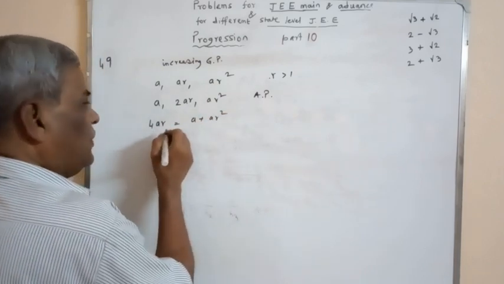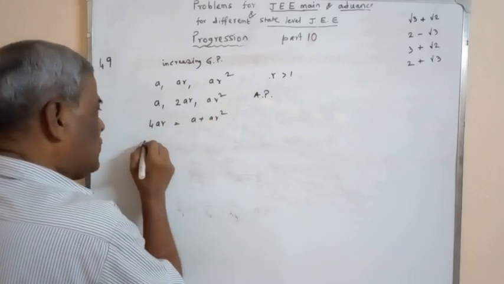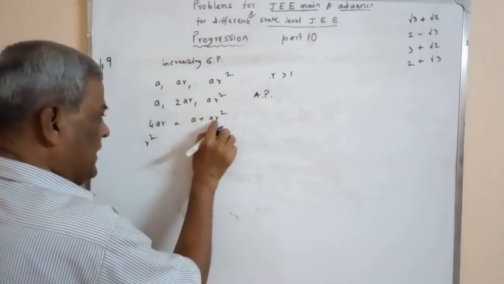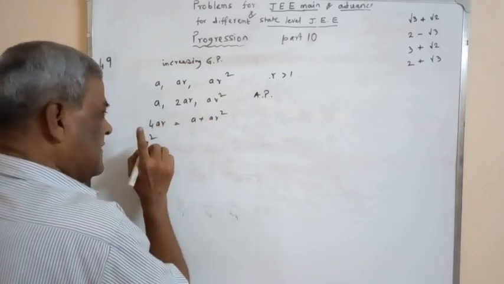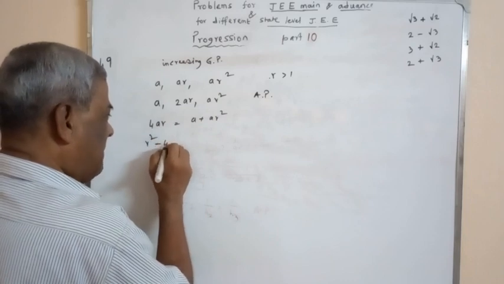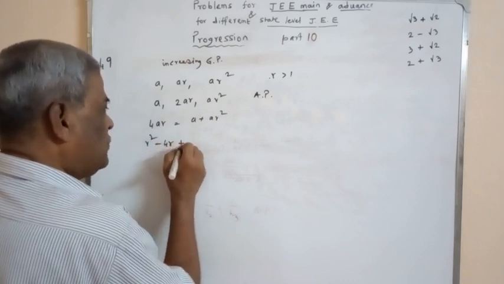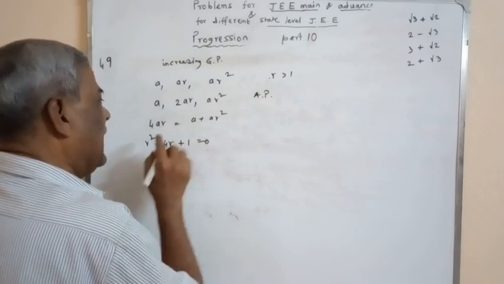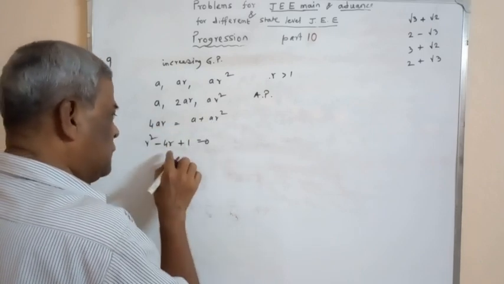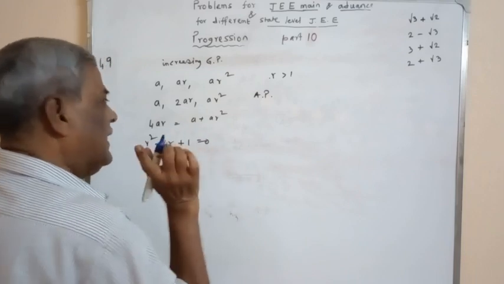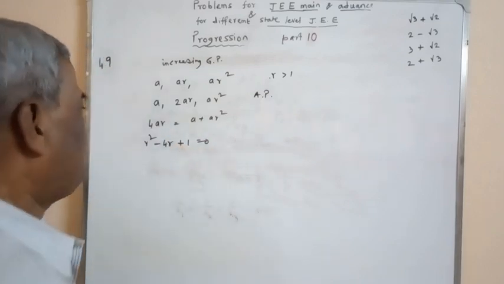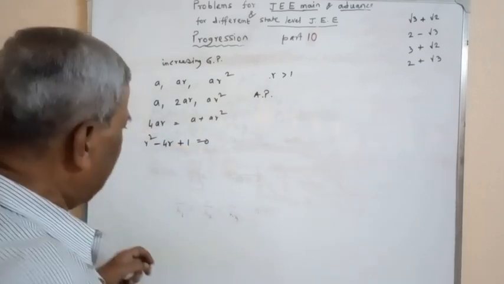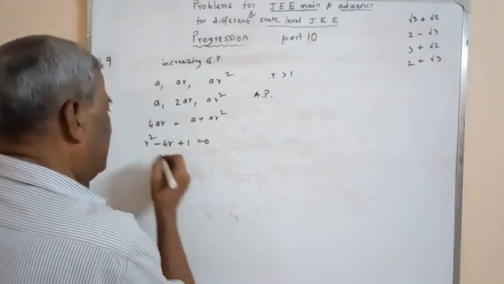Cancelling A, we have R square minus 4R plus 1 is equal to 0. So this is a quadratic equation. We can very easily solve it.